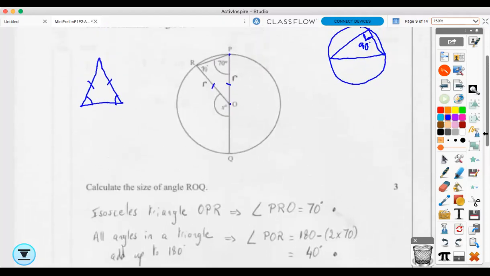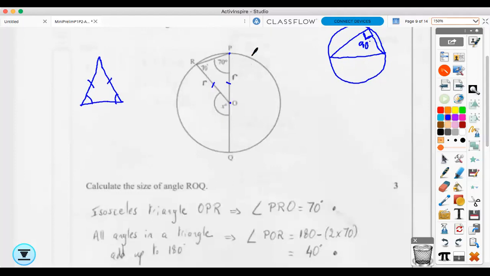Okay, so this angle here is 70. All angles in a triangle add up to 180. So 180 take away 2 times 70, which is 40. So I've got here 40. And then because you've got a straight line, 180 take away 40 is 140.